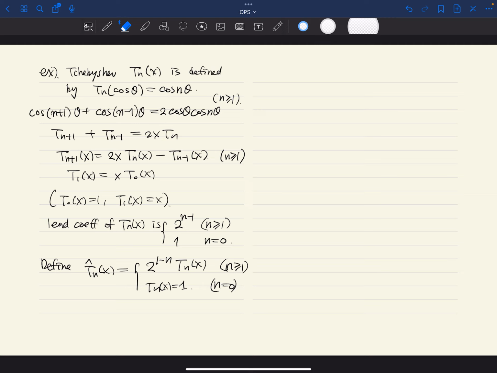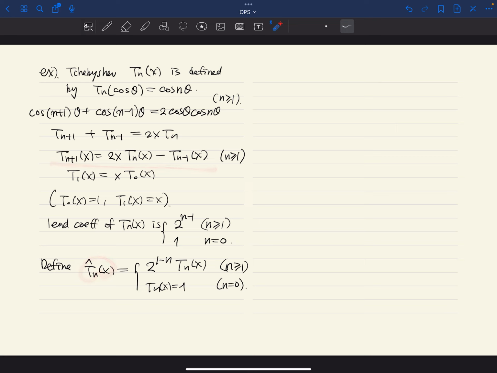I think that's right. If n equals 1, it's the same, and n equals 2 is still the same. So this is kind of exceptional, but basically we want to make it monic.